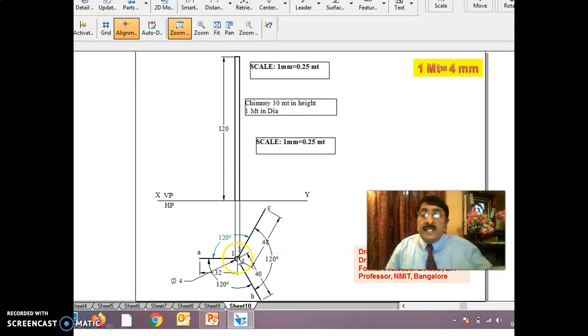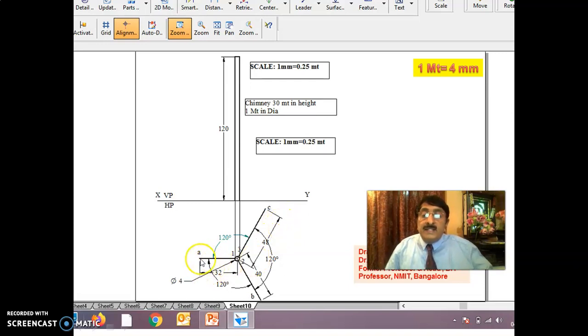From the center, you take 1A, that is 32 mm. Then 2B, from the center you take 40 because it is 10 meters. 10 meters means it is 40 mm. And 3C, from the center you take 48 because from the center to C it is 12 meters, that is why it is 48 mm.